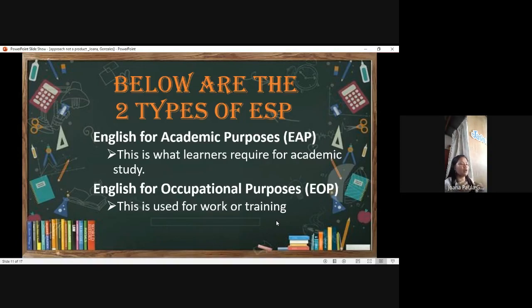English for occupational purposes is used for work or training. This covers situations in which learners are studying English for work-related reasons. This course is based on analysis of their specific communication needs at work.